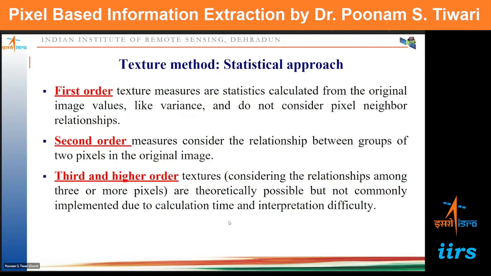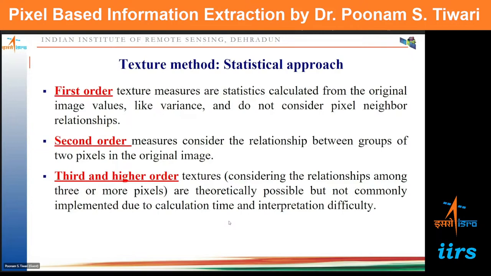Okay, so we are not transforming the image; we will be calculating the texture measures directly using the pixel values. So these are the first order texture methods. The second order texture methods, which are most commonly used, as we have already discussed, texture means how the pixel values are arranged.